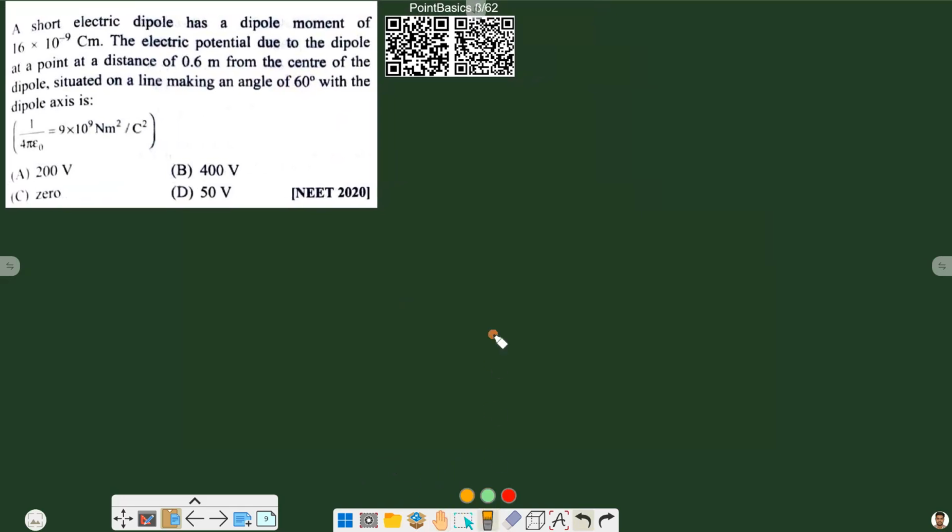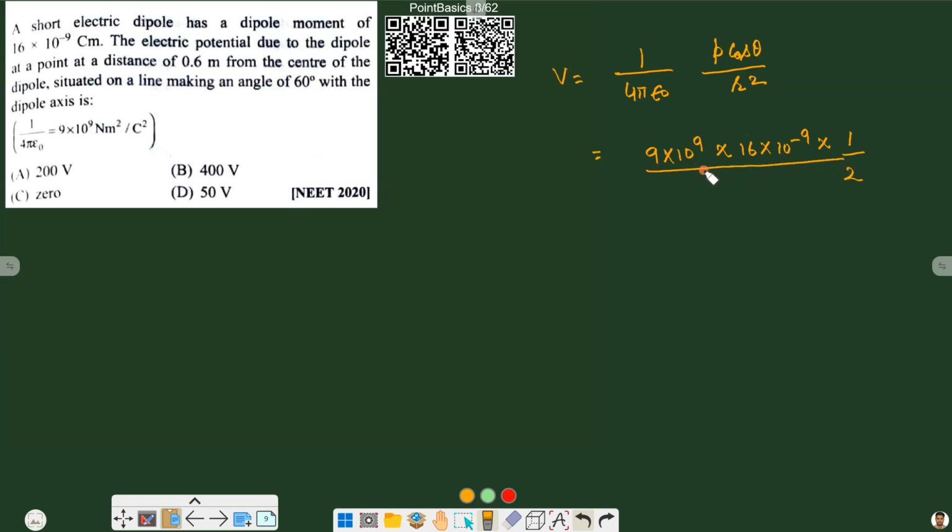So here we have the angle as 60 degree and the formula will be the same which we used in the previous question, that V is equal to 1 by 4 pi epsilon naught P cos theta by R square.